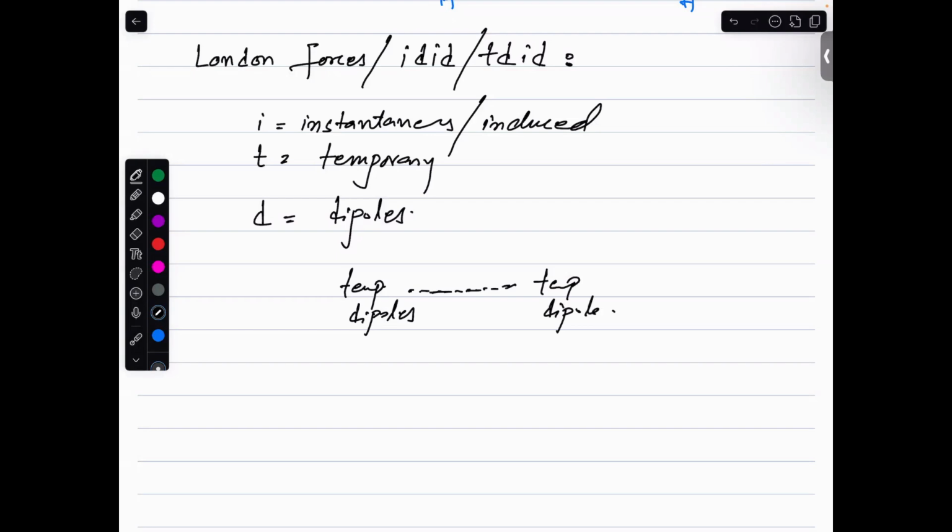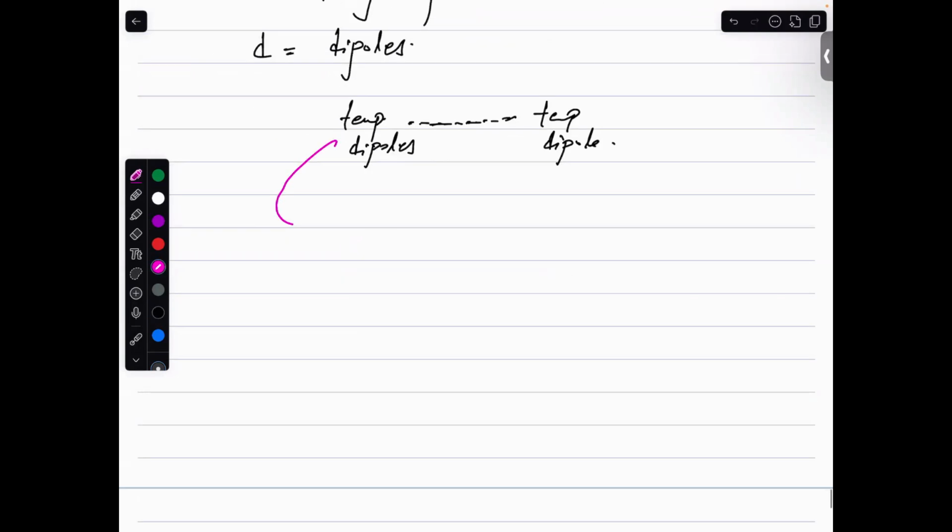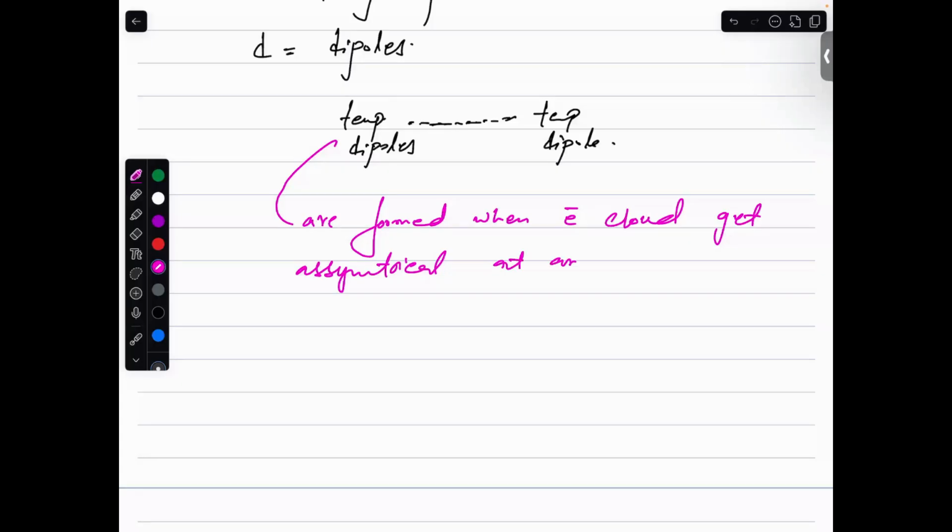What are temporary dipoles? Temporary dipoles are formed when the electron cloud gets asymmetrical at any instant.